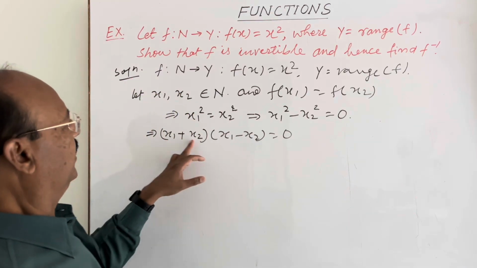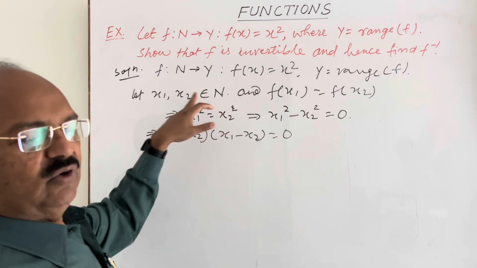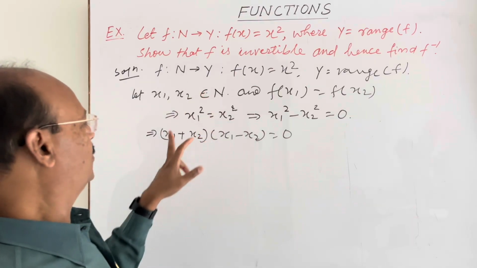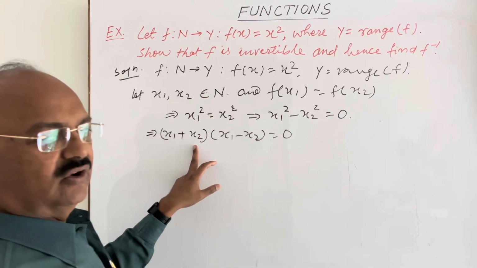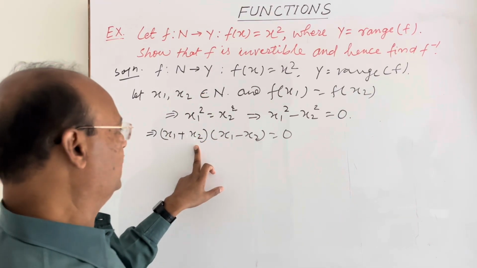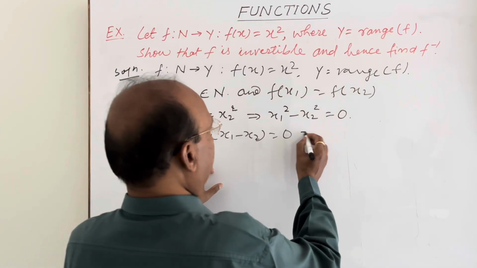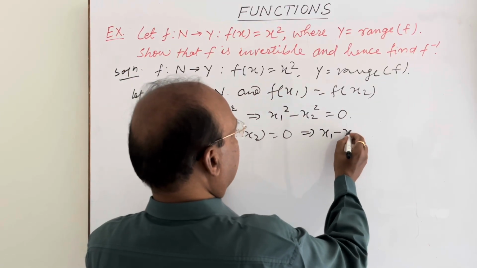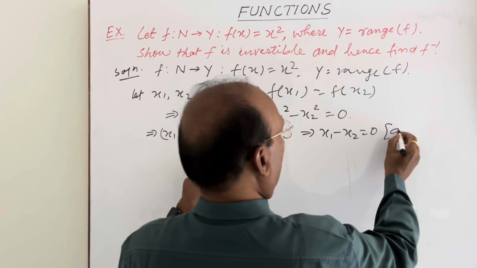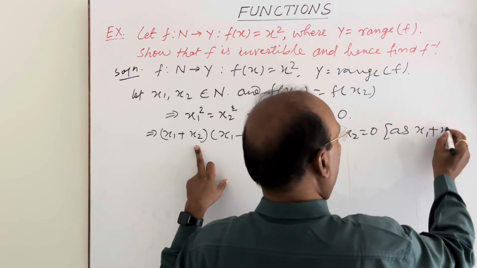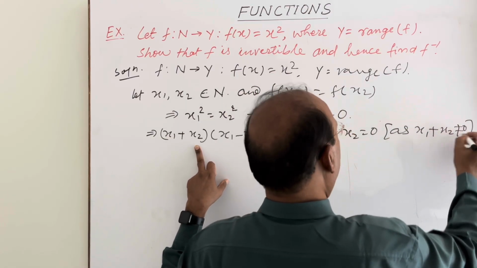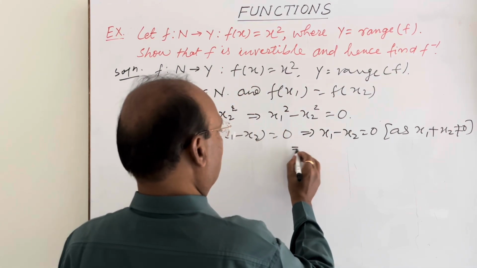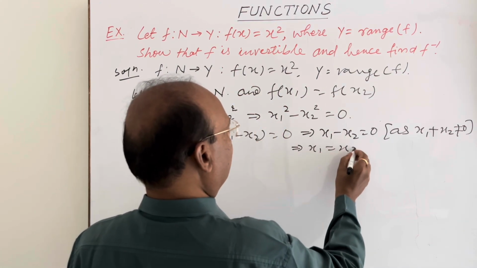But x1 and x2 are natural numbers belonging to set N. So the sum of two natural numbers will not be 0, isn't it? So this implies that x1 minus x2 is equal to 0, as x1 plus x2 is not equal to 0. So this implies x1 is equal to x2.